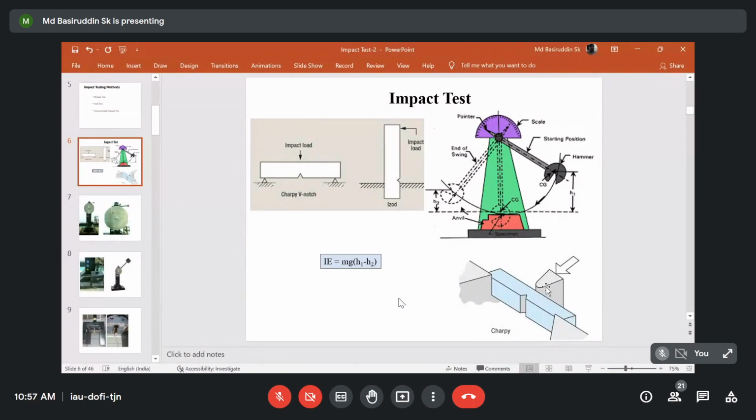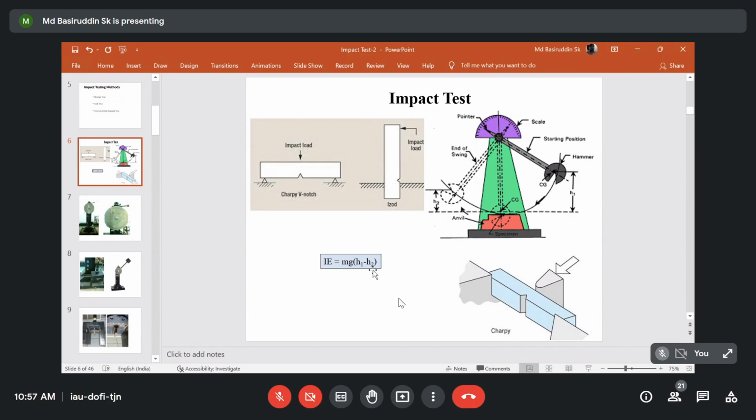This energy can be measured by measuring the change in height, before the blow and after the blow. Because if you put the samples over the anvil, then it will resist the hammer and change the height, before striking and after striking.